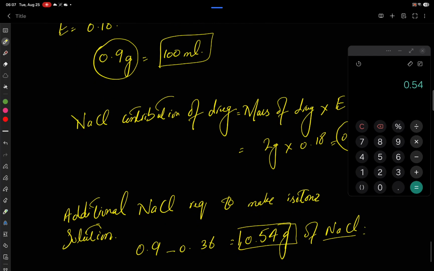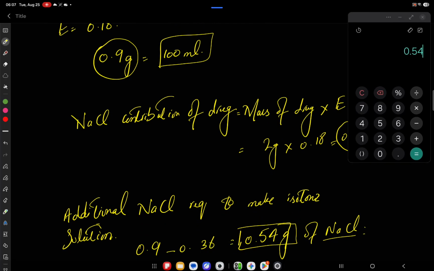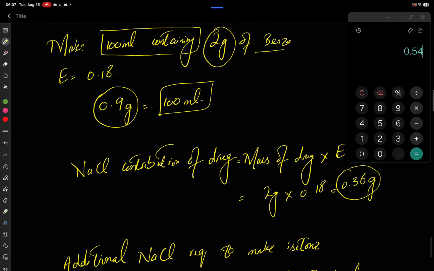After that, we have to check the NaCl contribution of the drug. If NaCl was 0.9 in 100 ml to make it isotonic, then how many grams will be required? You can't use a simple dilution method to confirm this, or go with direct relation to interpret this.